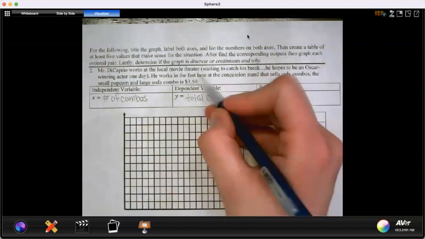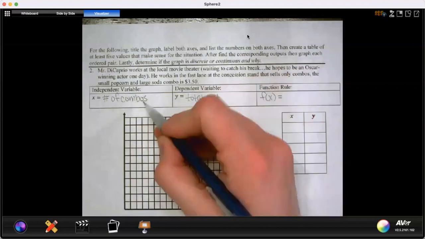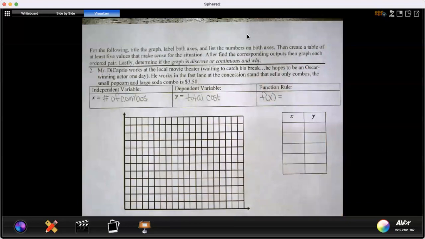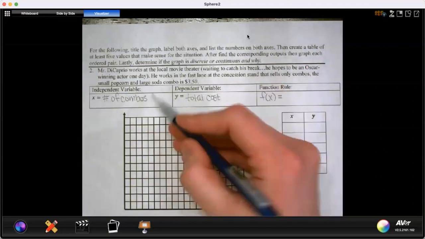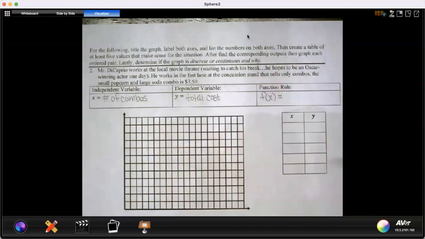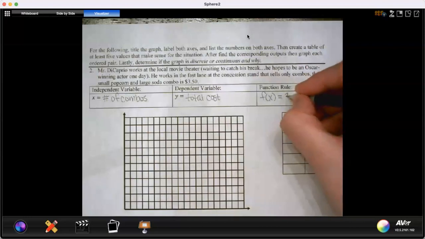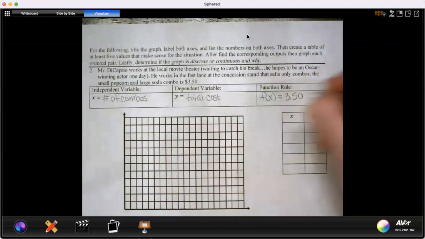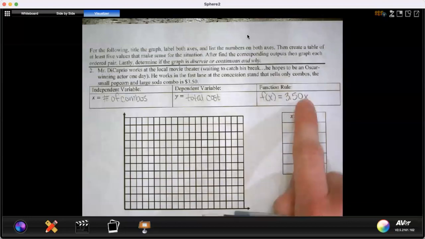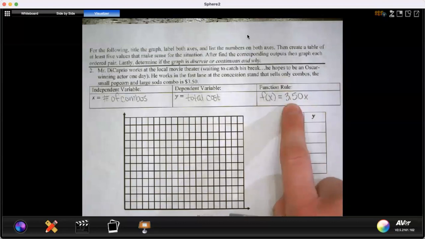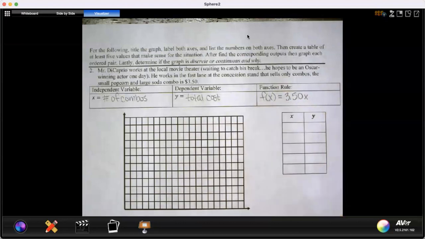Well, what relationship is there between $3.50 and the number of combos? Every time someone gets a combo, it's going to increase the amount of money. So therefore, 3.50 times x is going to incorporate that information. Every time I increase the number of combos, I multiply that by 3.50.